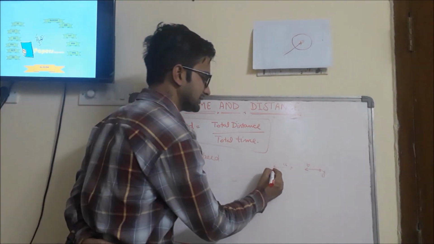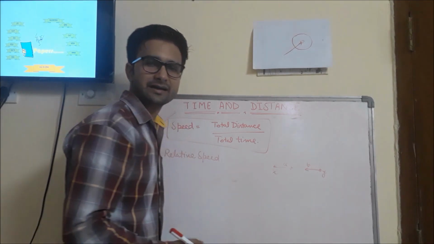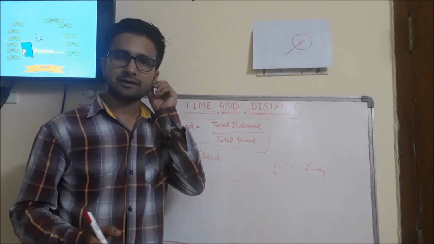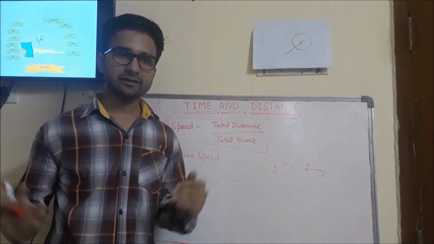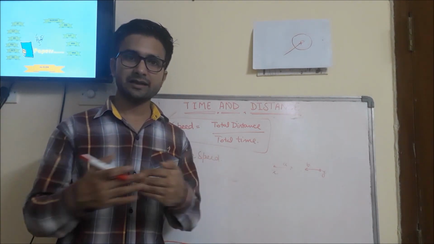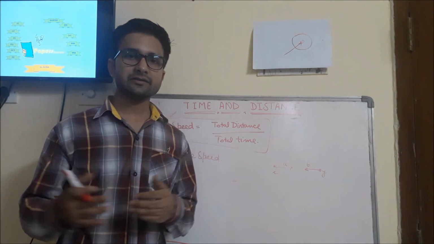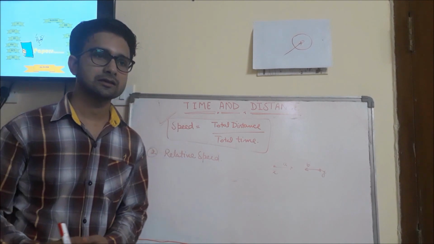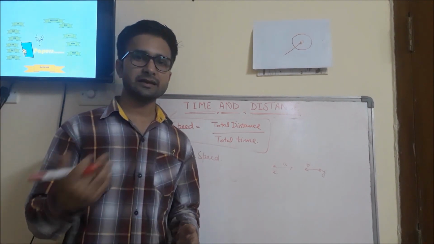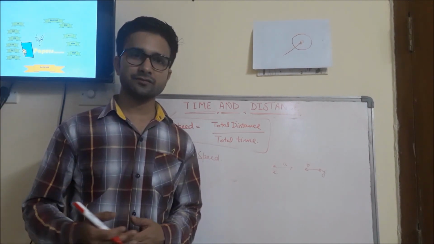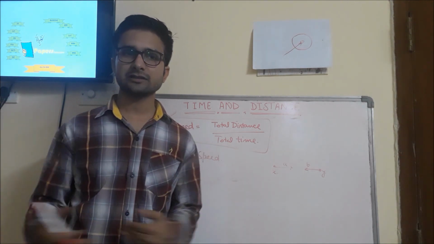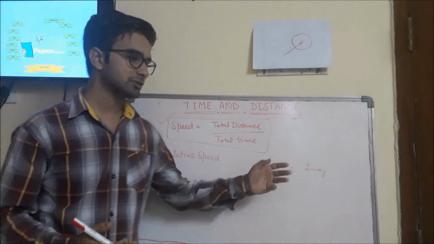You might have seen the same kind of effect when you are traveling in a train. If the other train is going in the same direction, you feel that it is moving slowly. This relativity concept can easily be seen in daily life. And if the train is moving in the opposite direction, you see that the other train is moving very fast because we are also moving in the opposite direction.